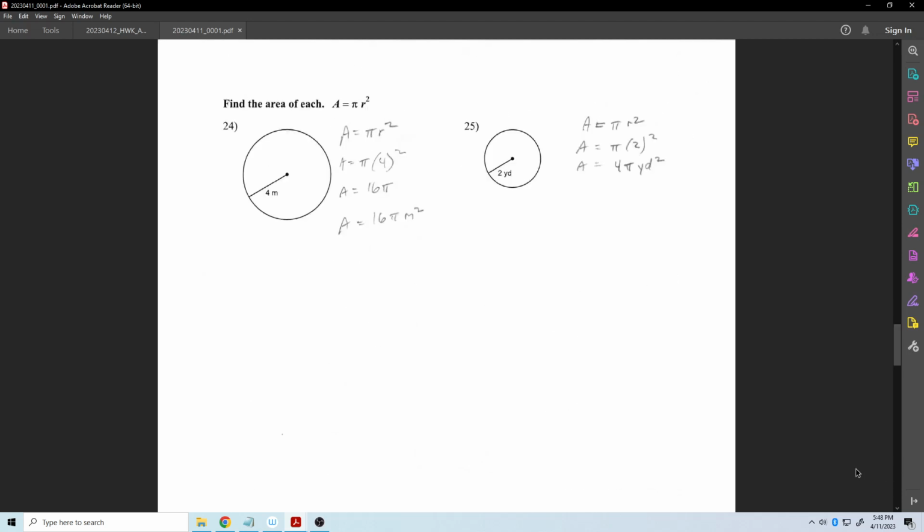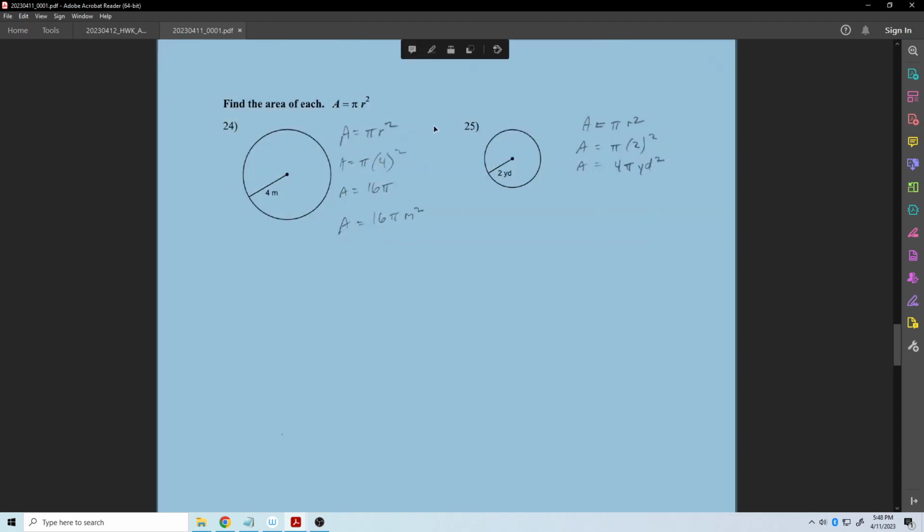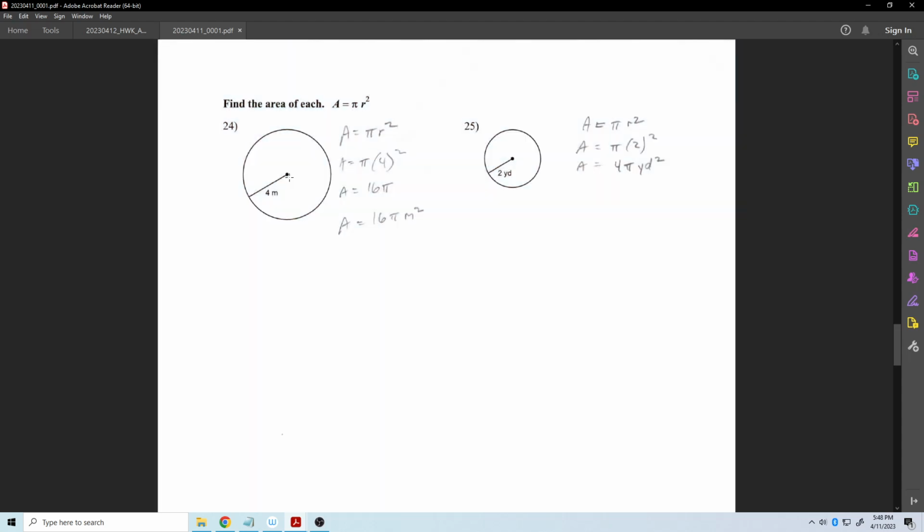Then, of course, our favorites. We've done this so many times now. Area of a circle. Much like triangles, start out by writing the formula. Best practice, write the formula. A equals pi r squared. R being the radius, from the center of a circle all the way in a straight line to the edge of the circle, whatever that measurement is.